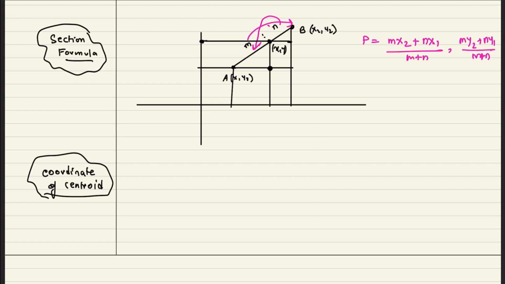So this total portion is small x, and this is x1, and this is small x minus x1. And similarly, this complete thing is y. This little bit is y1, that is the y coordinate of A. So this portion here is y minus y1.